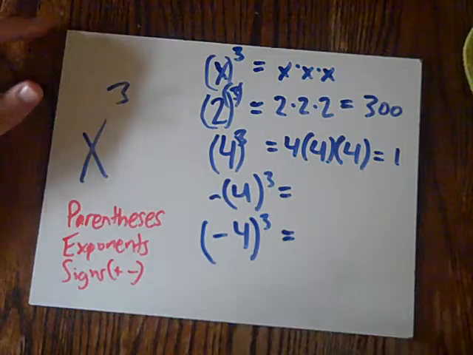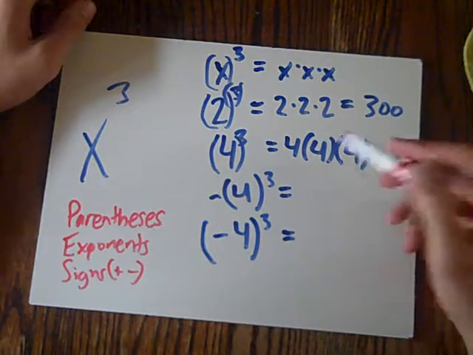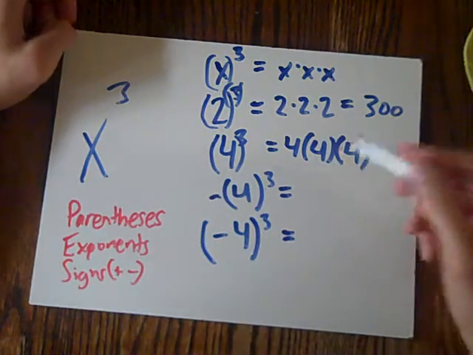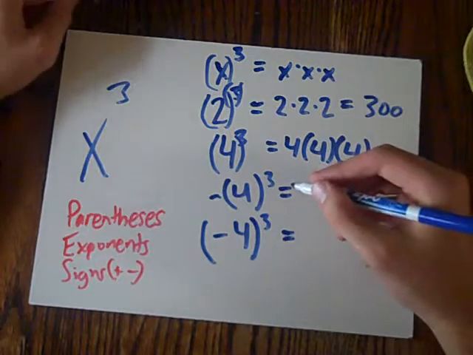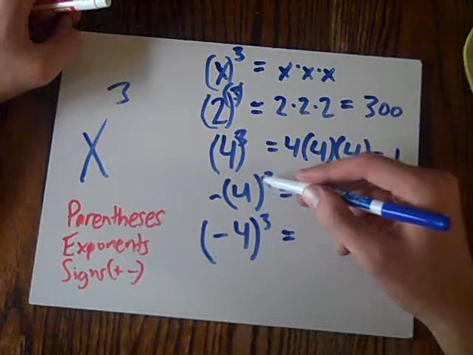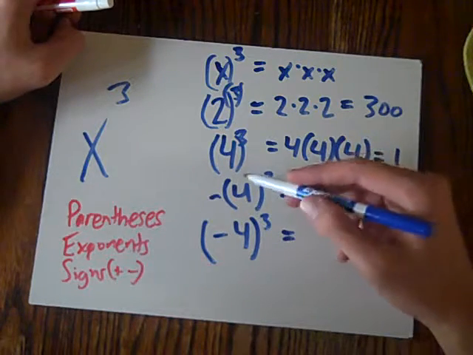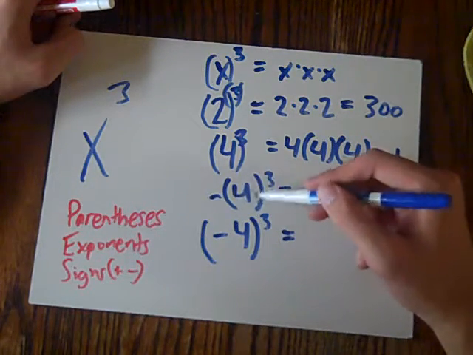Okay, so let's get right to it. Parentheses, in this case, use the blue marker. Parentheses are first. So parentheses around itself, no big deal.